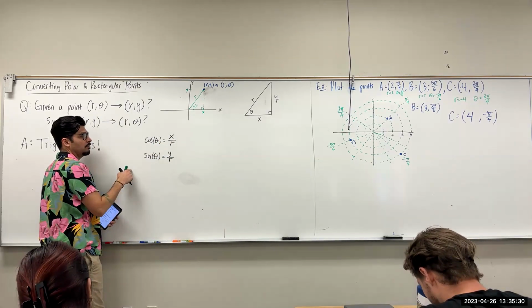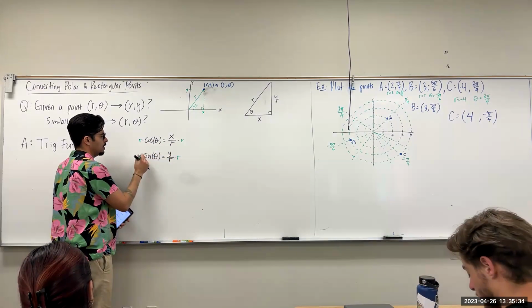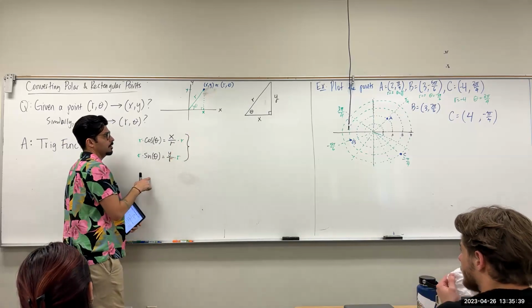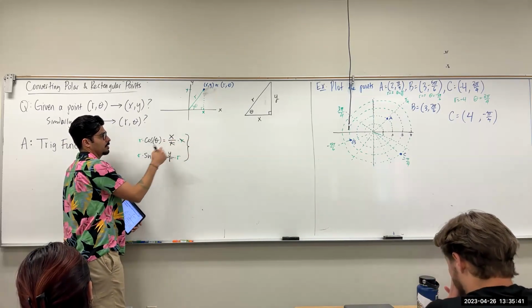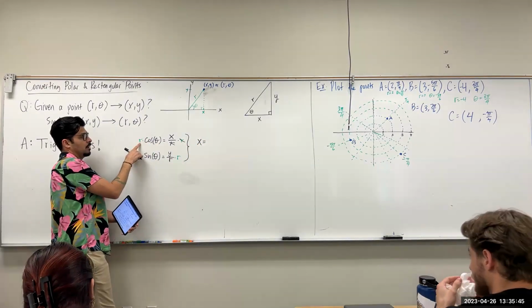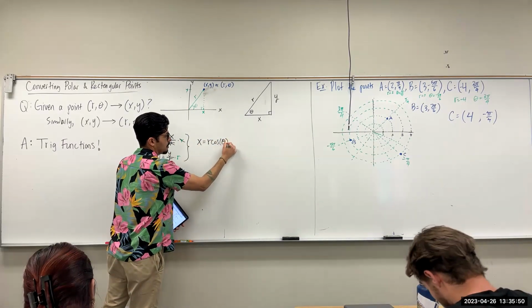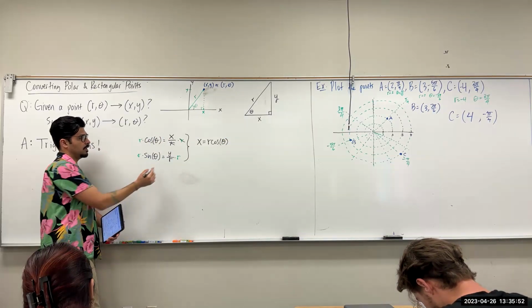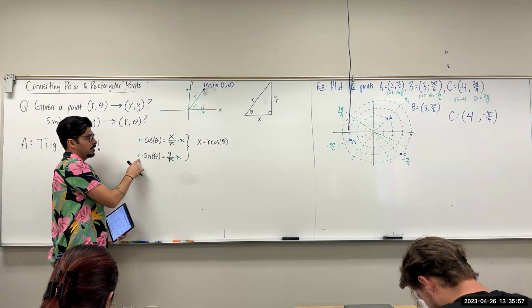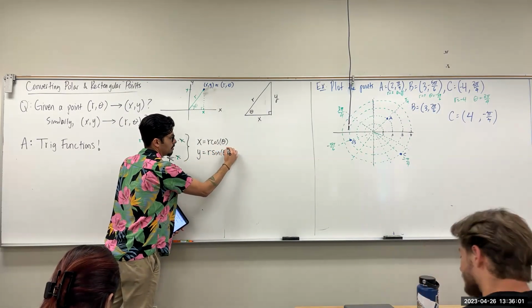If I want to get x by itself, multiply both sides by r. And so this cancels, and I'm going to rewrite it as x equals r cosine theta. And then here the r's cancel. So now the y coordinate is going to be given by r times sine of theta.